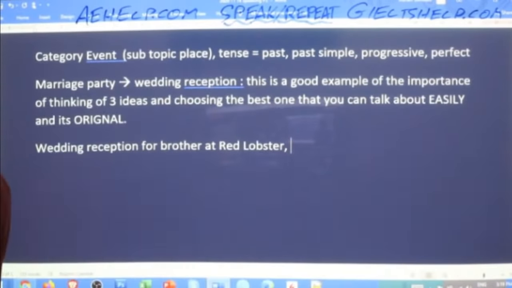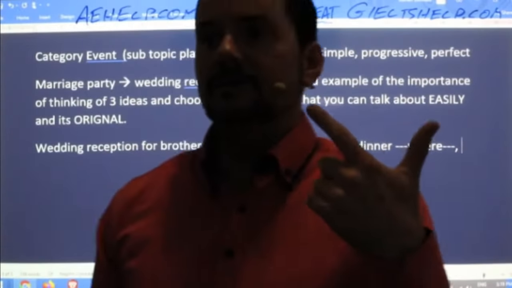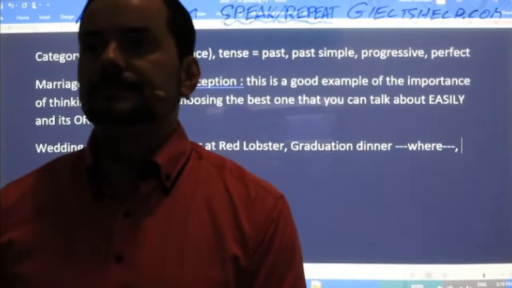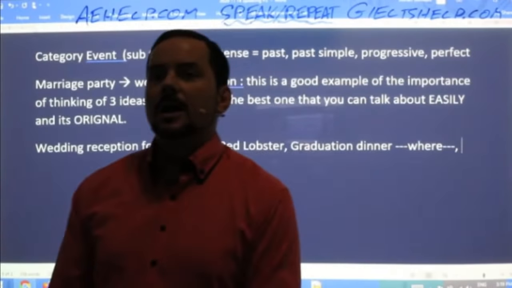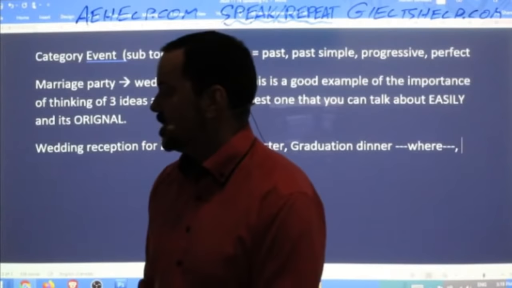Okay, so graduation dinner. Okay. Where? So this is a restaurant as well, okay? So you have to think about the event and the restaurant, the name of the restaurant as well. Okay? Yosef says graduation dinner at a fancy Japanese restaurant.